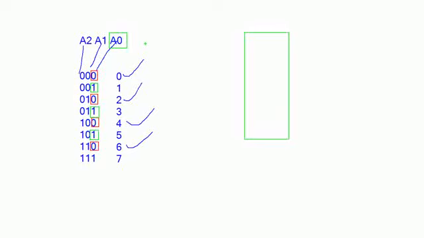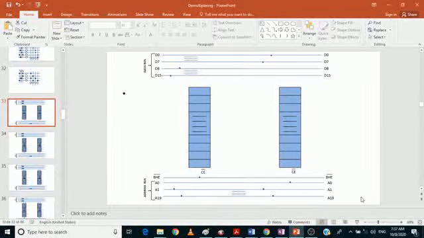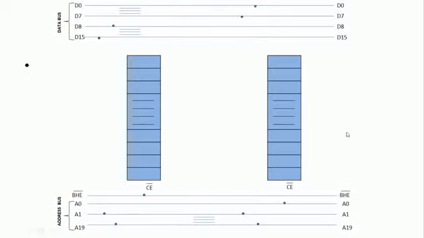Now, let's go back to our memory banks concept. In the memory bank, what is the maximum memory that can be accessed by the 8086 microprocessor? Any idea?